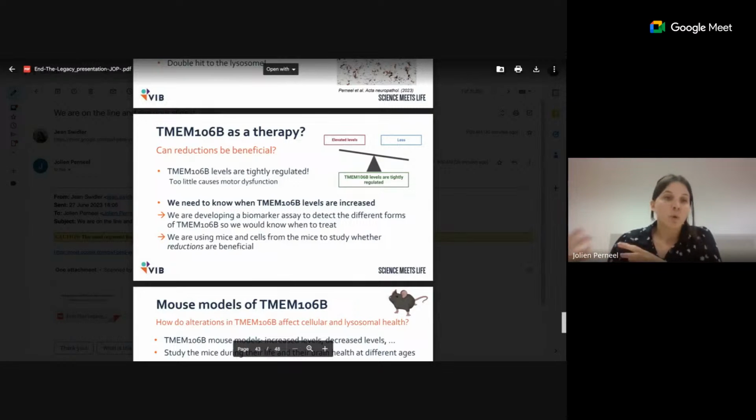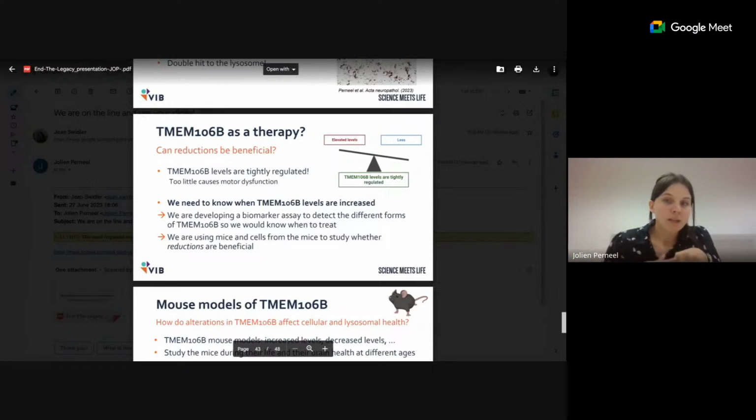Because it's so important in the cell, it's really important to have the correct amount of this protein. So we really need to know when TMEM106B levels are increased before we can try to decrease them. This is why we are developing a biomarker assay in the lab to detect these different forms of TMEM106B, so we would know when to treat patients.